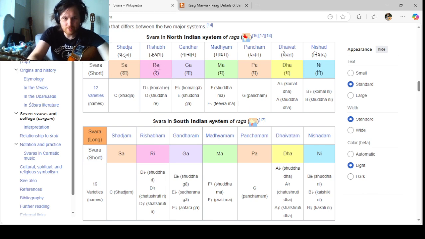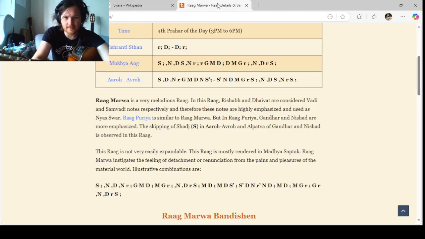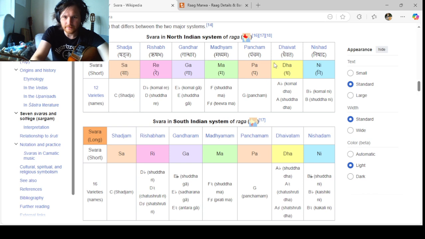Whereas we only have 2 for this North Indian style. So it's either D flat or it's D in C major, given that is our root, which may not be the case. So yeah, and then the other one, Daivat, which is an A flat or an A.